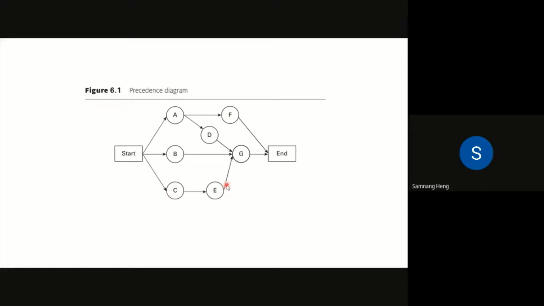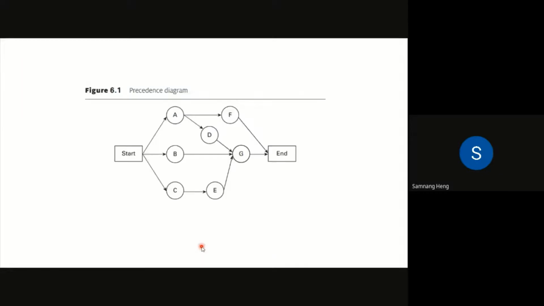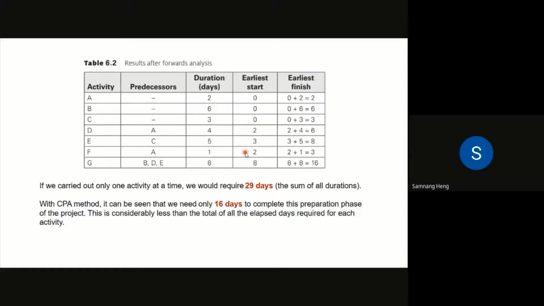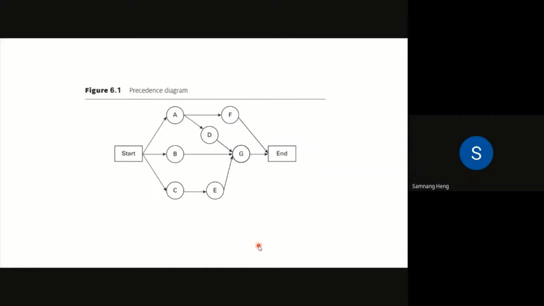So after C, you draw E here. And then the next one is task G, create overall plan for improvement, and G requires B, D, E as predecessors. So B, D, E here, G, and then we take another 8 days, and then what else? Task S, and the end result requires G and F together to produce the end result.